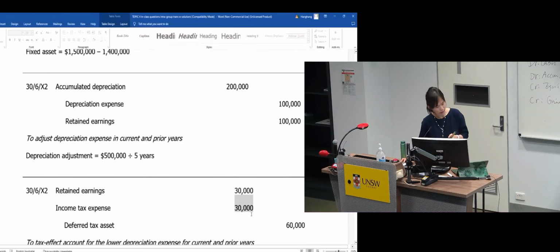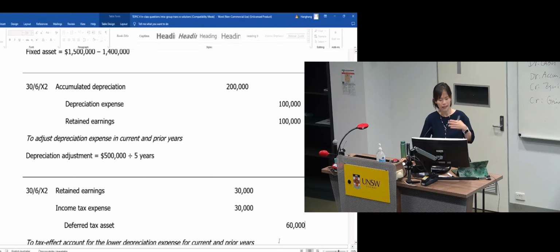The prior year depreciation adjustment resulted in a prior year income tax adjustment, and we need to carry over its effect to the current period by debiting retained earnings. So this debit to retained earnings of 30,000 represents the prior year ITE adjustment contained in the prior year worksheet. Then we show a reversal of DTA: for 1 year, 30,000; for 2 years, that will be 60,000.